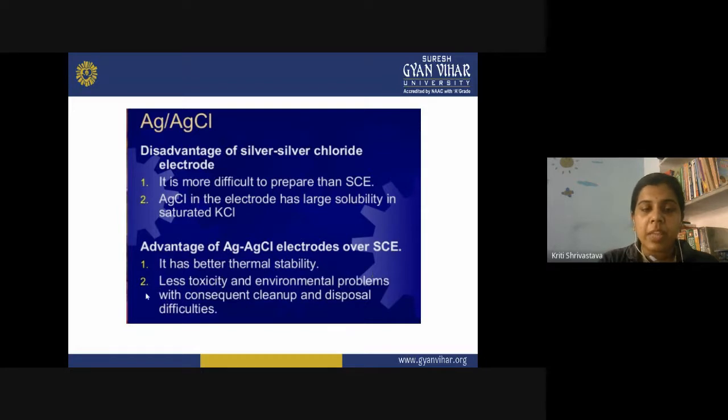So this is a major advantage of the silver chloride electrode. And the second thing is that it has better thermal stability as compared to your standard calomel electrode. So these are my two reference electrodes. One is the standard calomel electrode and another is the silver chloride electrode.